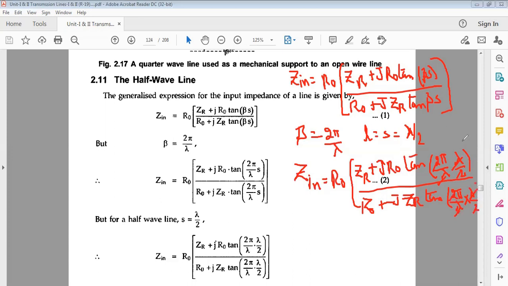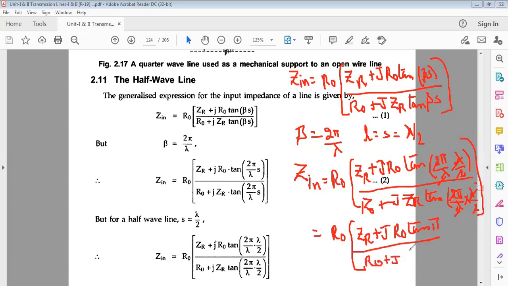The 2 gets cancelled, and the lambda gets cancelled here. That is equal to R0 into ZR plus j R0 into tan pi, whole divided by R0 plus j into ZR tan pi.